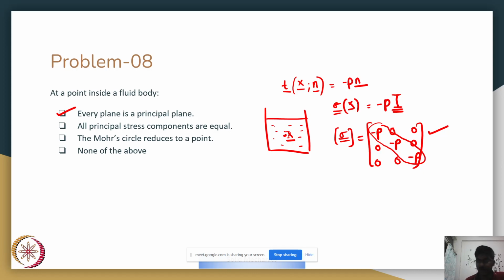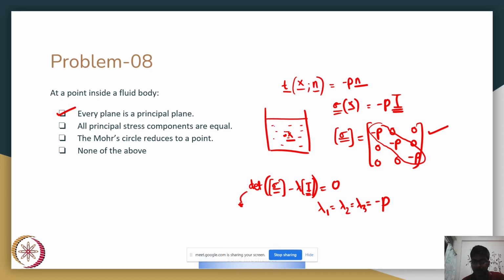Again, principal stress components are the eigenvalues of this matrix, and if you want to calculate the eigenvalues, we'll solve this equation. Once we do that, we'll see that eigenvalues are all equal to minus p.